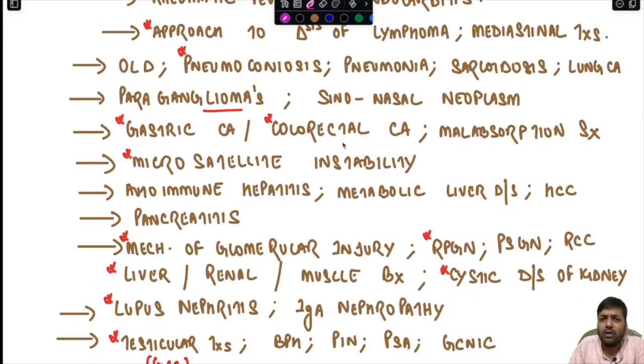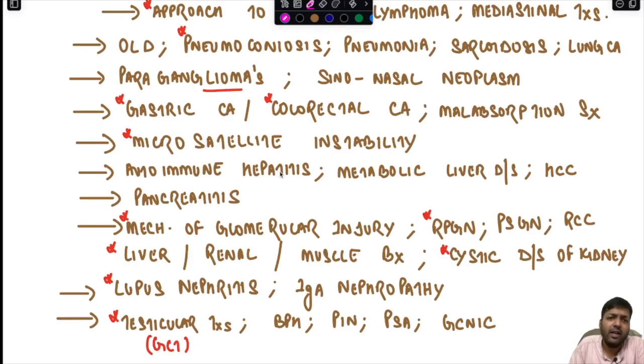Gastric carcinoma, colorectal carcinoma, malabsorption syndrome, microsatellite instability, autoimmune hepatitis, metabolic liver disease. Metabolic liver disease encompasses everything, including hemochromatosis as well, or alpha-1 antitrypsin deficiency. These are not very commonly asked but might be asked.